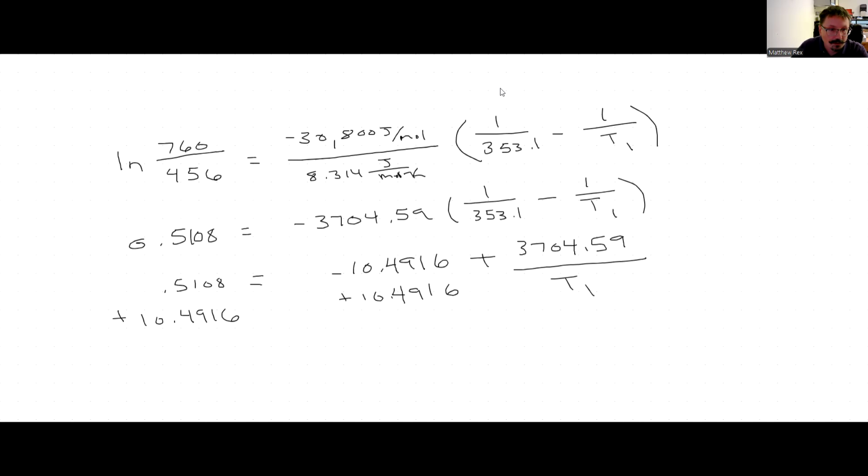So that gives me 11.002, and that equals 3704.59 over T1. So now I'm going to multiply both sides by T1 and divide both sides by 11.002.